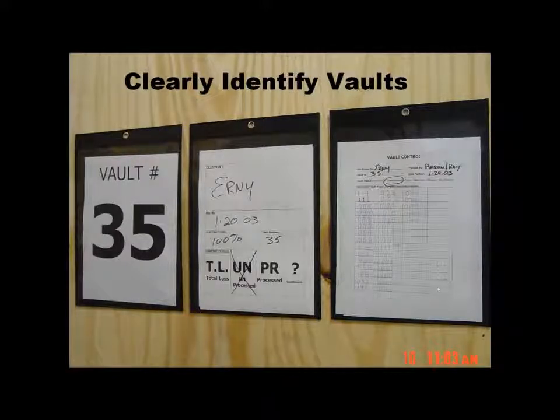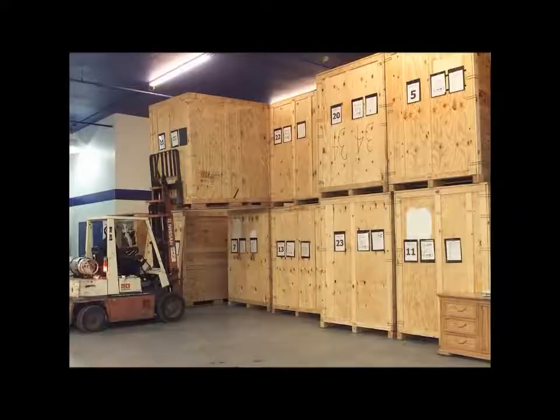But if you have anything listed in the furniture side and no boxes listed, then you know it's furniture, and you might want to be a little more careful even how you handle that vault. Also, if you're looking for a piece of furniture, if I'm looking at this vault control sheet, I can see there's no furniture in this vault, so I'm just going to pass it up and not worry about it. So it just gives you a visual that helps.